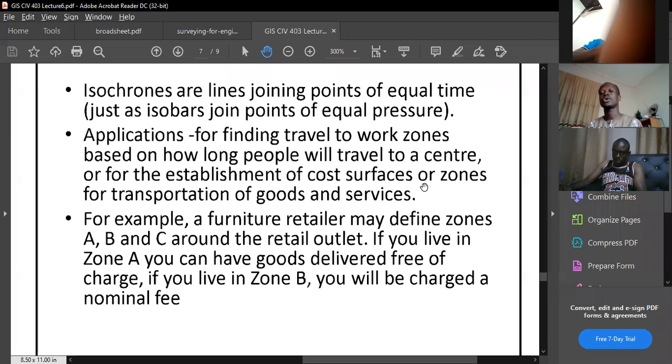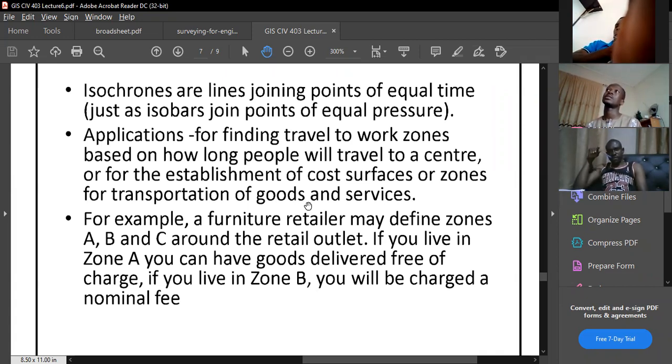All right. There's also another network problem. It's not a problem, but it's a solution: isochrones. Isochrones are lines joining points of equal time. You can have a map that shows points you can reach within 5 minutes, points you can reach within 30 minutes on the network.